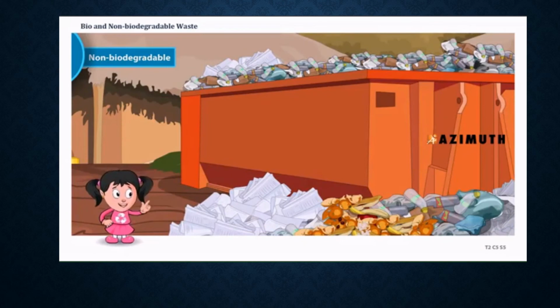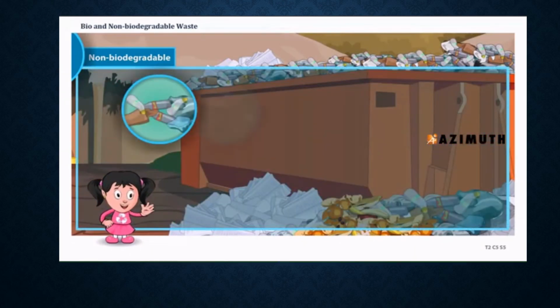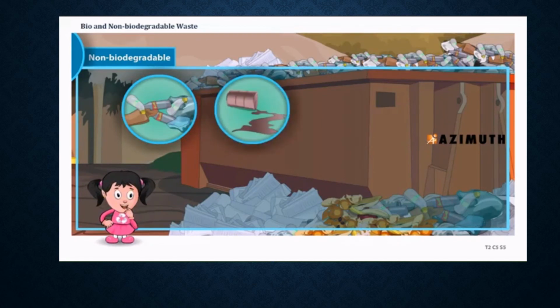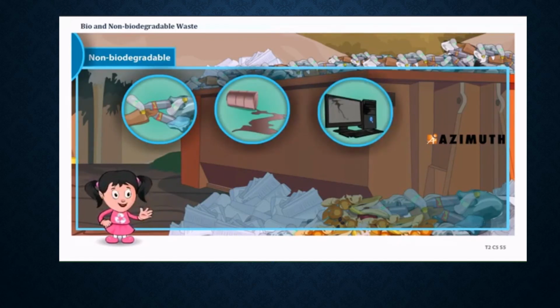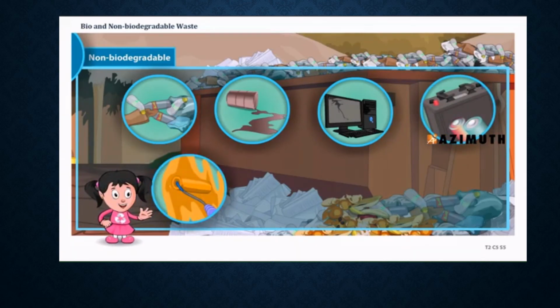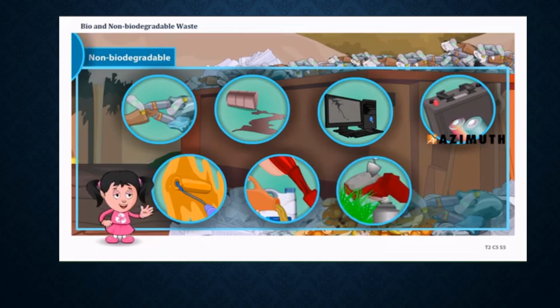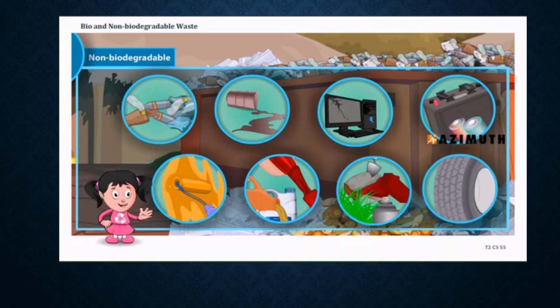Non-biodegradable waste. Examples include plastics, nuclear waste, electronic trash, batteries, wall paints, varnish, motor oil, pesticides and chemicals, construction materials, tires, etc. These wastes cannot be broken down and thereby do not get decomposed.